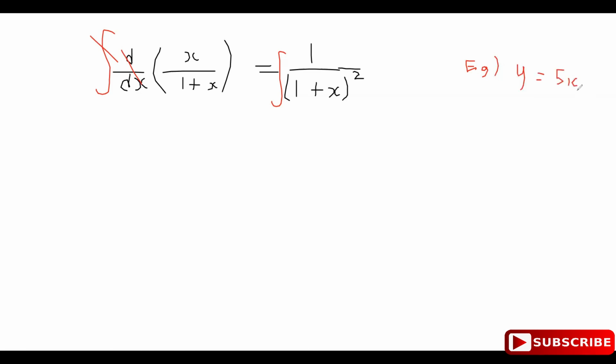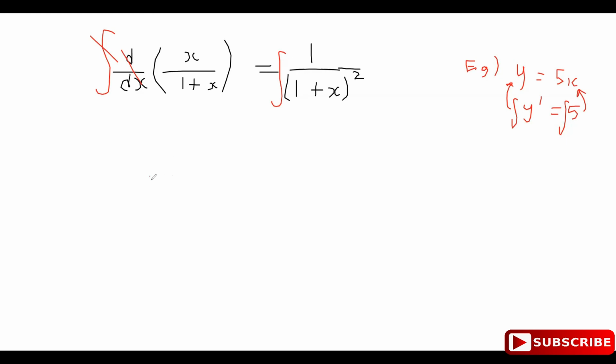When you differentiate 5x, you get 5. The derivative is 5, right? But if you integrate y prime, you get y, and if you integrate 5, you get back your 5x. And so the integral cancels the derivative.